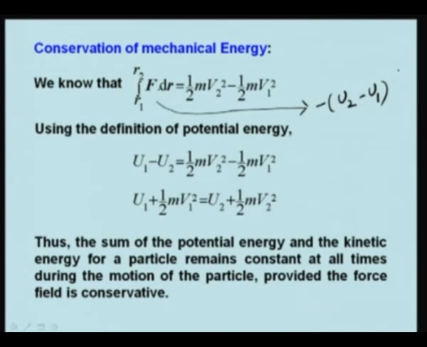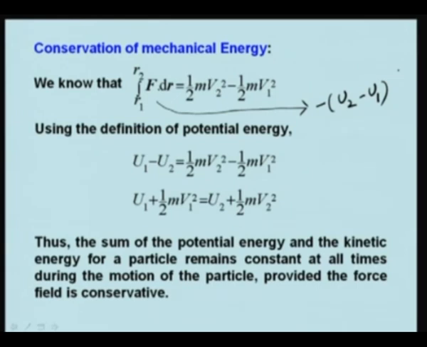If the particle works against the applied force field, if you raise that particle in the gravitational field, then the potential energy of the particle will increase. But if the particle is allowed to freely fall, then the potential energy will decrease.